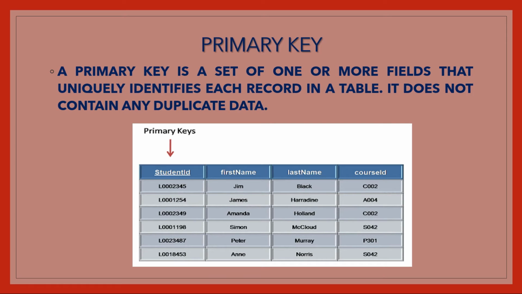Any type of field you cannot keep as the primary key, then it will have problems in retrieving the data. So we can say that a primary key is a set of one or more fields that uniquely identifies each record in a table. Here I am showing you only one field as the primary key. Afterwards we will see the composite primary key. Okay, that's the thing.